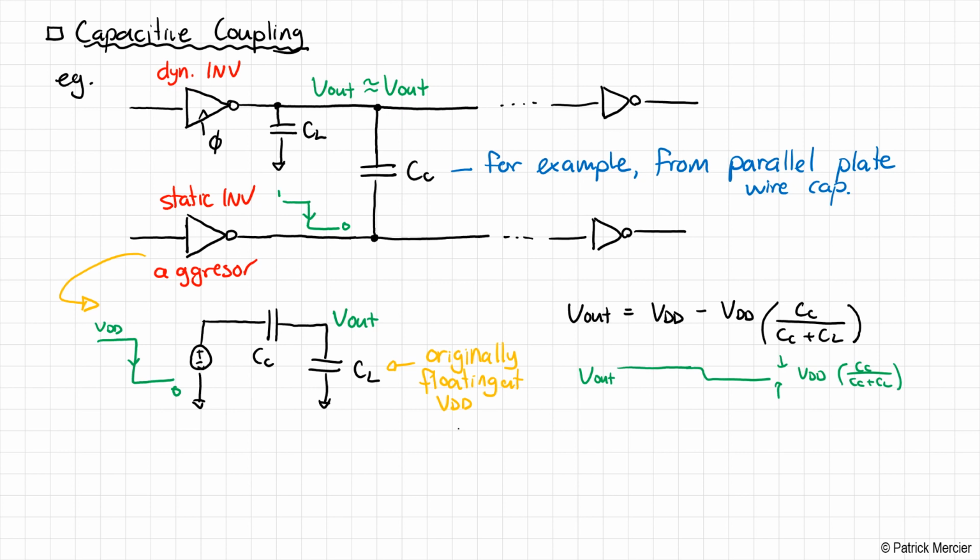Okay, that's the delta V. So again, if CC is approximately equal to CL, this can affect functionality. Right, we definitely don't want this delta V to drop too much.